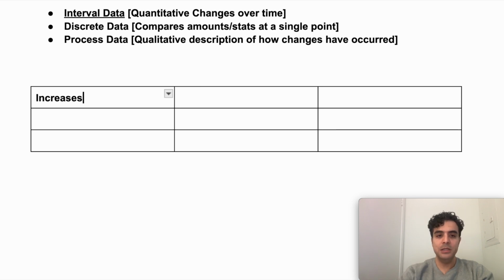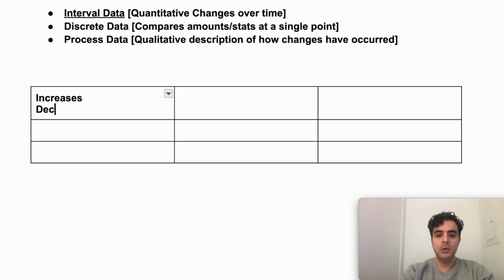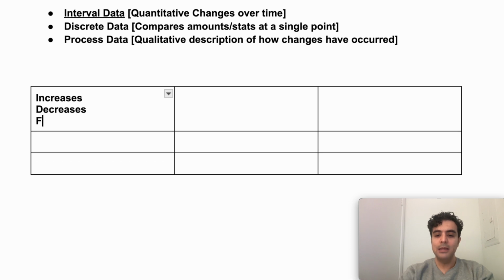So this is one type of change that we might want to describe. And the majority of changes you're going to describe are probably going to fall into this category of increases, decreases, and fluctuations.